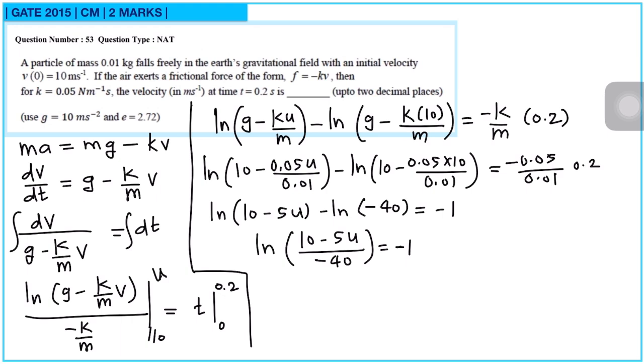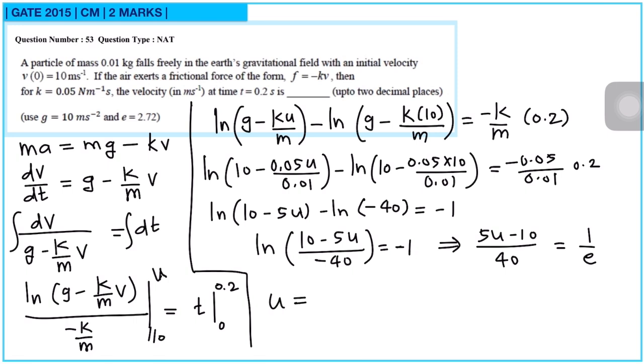To remove this logarithm, we can write 10 minus 5u upon minus 40 equal to e raised to minus 1. I'll just take antilog on both sides, and take the minus sign here. So this will be equal to 5u minus 10 upon 40. It will be equal to 1 by e.